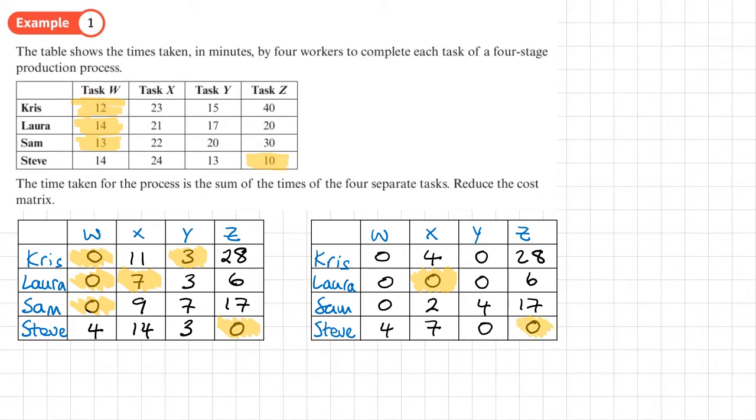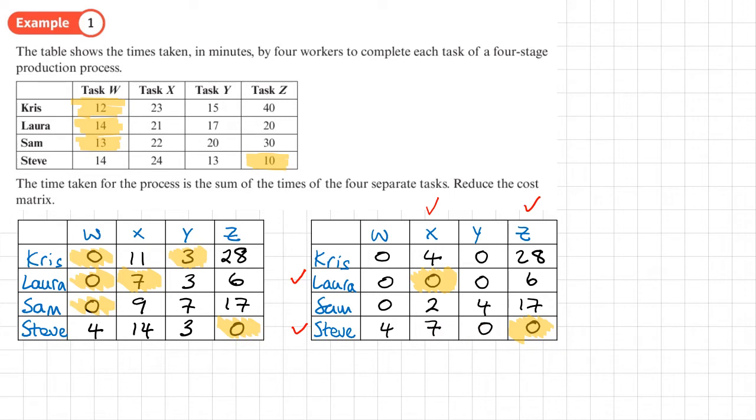We'll allocate those. So basically we've used up task X and task Z, and we've used up Laura and we've used up Steve. So now it's just a matter of saying, right, what task are we going to allocate Chris to, and which one Sam. Now Steve, we've got a 0 here.